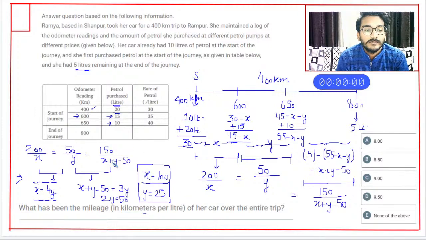This is correct. Hmm. Oh, there's a mistake. Yes, I'm getting answer 2. Is it just not possible?